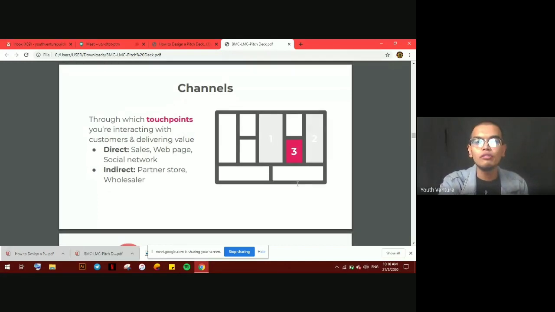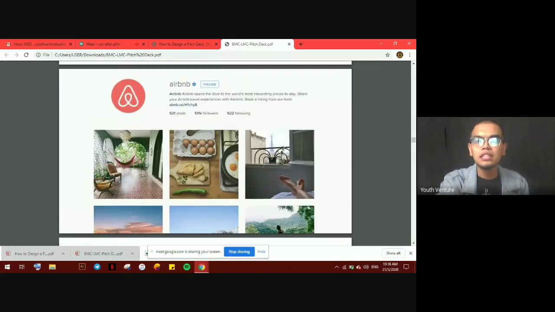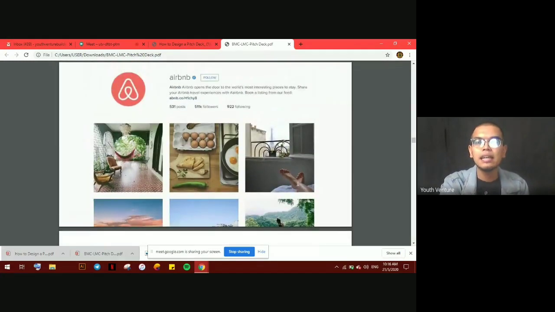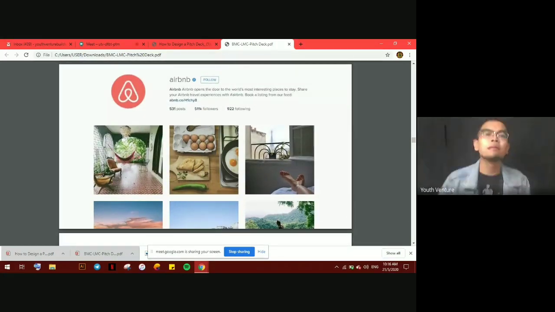In the case of Airbnb, one of the channels where you can get Airbnb is via their Instagram page or their social media page. Why social media? Because Airbnb focuses on aesthetic value and design. Airbnb is a travel company, so they leverage their Instagram to showcase beautiful places. Using their Instagram, people can actually book that specific place.